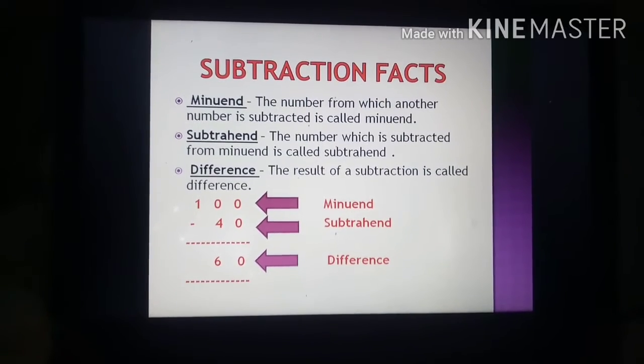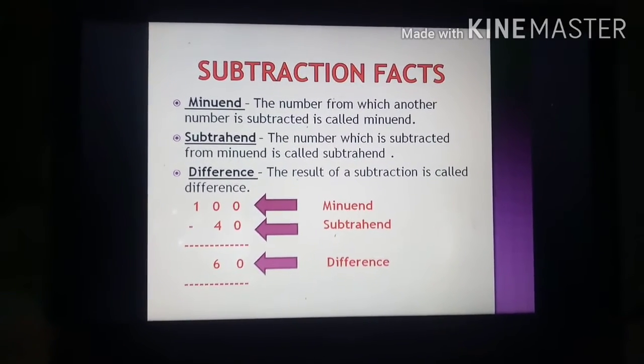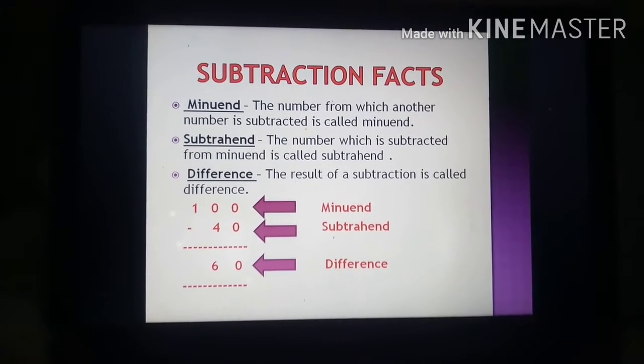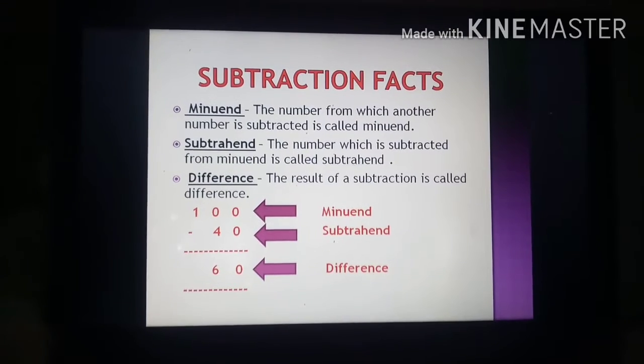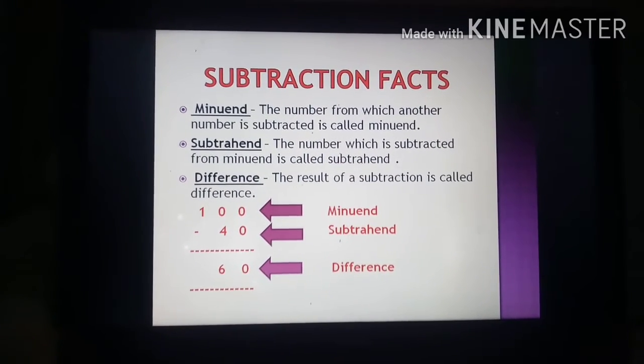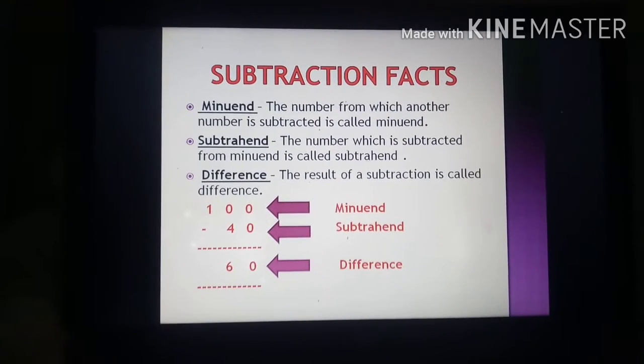Before starting the chapter we should know some subtraction facts. They will help in solving questions. So the first point is, what is minuend?